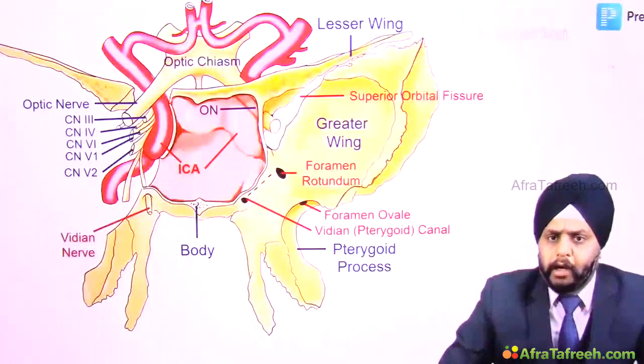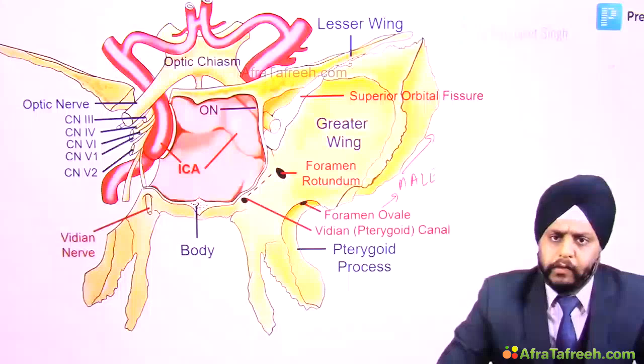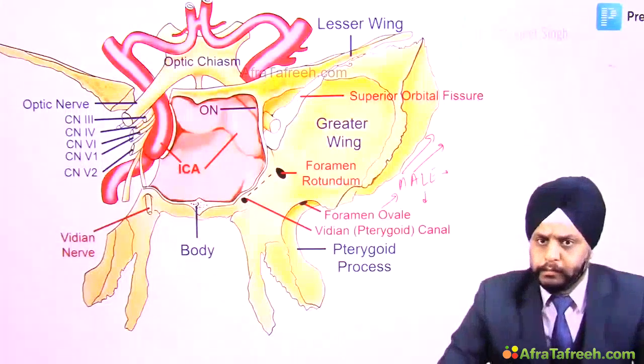So for ovale, you must know that there is a mnemonic known as MALE. Mandibular nerve, accessory meningeal artery, lesser petrosal nerve, and emissary vein.